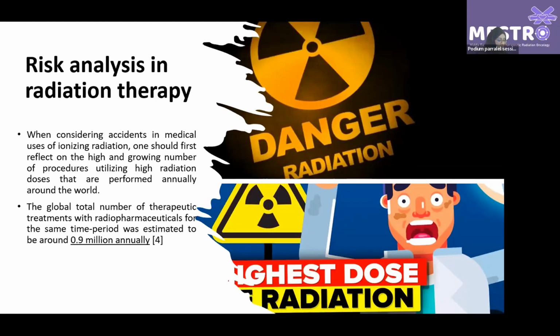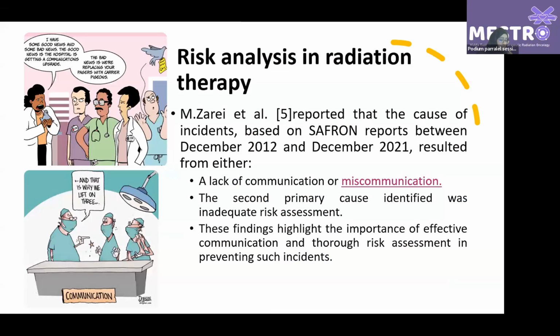Considering the accidental and medical uses of ionizing radiation, you should also consider the increase in the population. In the study seen here, the total number of radiotherapy treatments and radiopharmaceutical treatments for the same period was estimated to be around 0.9 million annually. So there is a rapid increase. And those groups reported the causes of incidents based on SAFRON from the IAEA between December 2012 and December 2021.